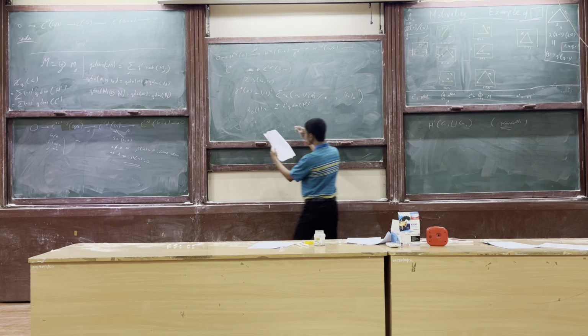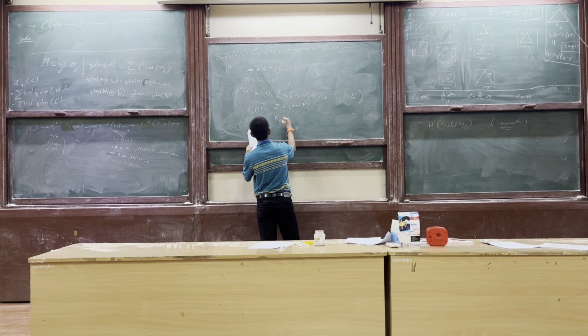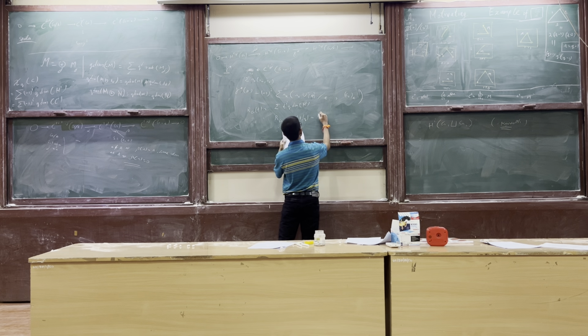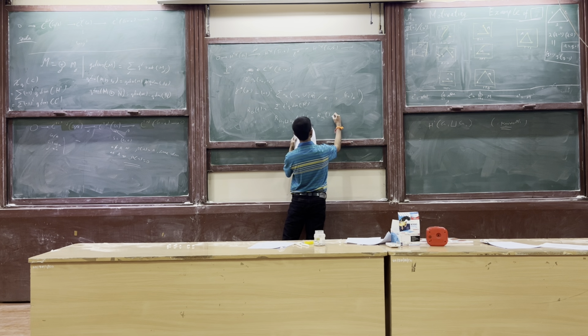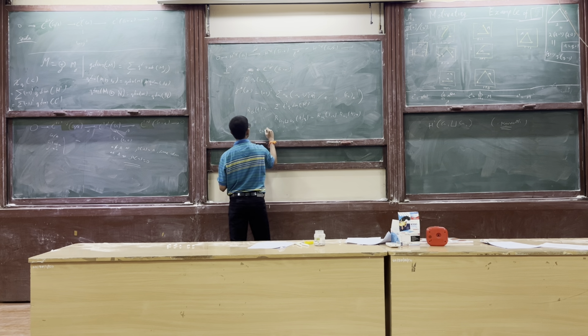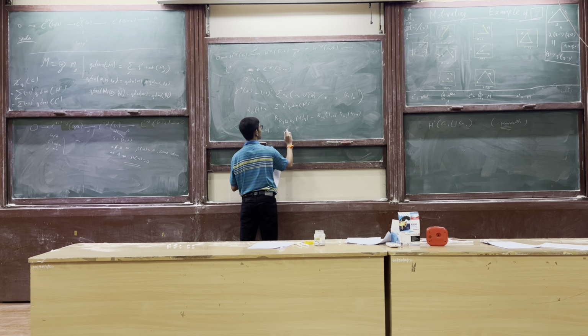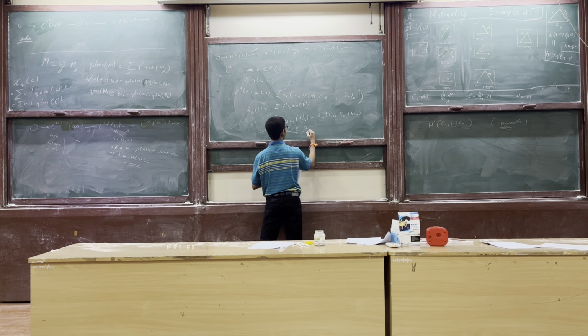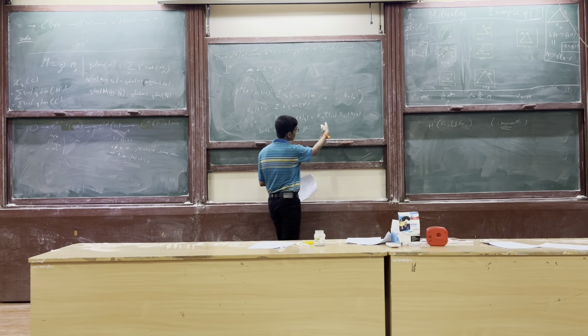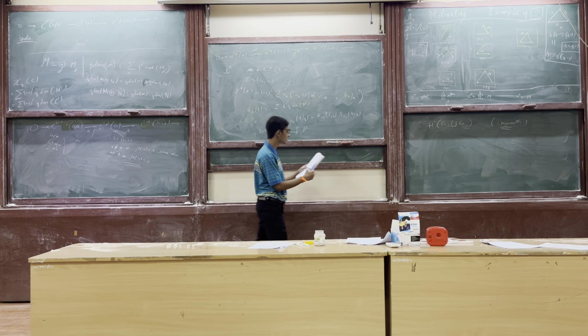So from here you can say that R of G1 disjoint union G2 at p, q is R of G1 times R of G2, and at p equal to -1 you get the chromatic polynomial. So the chromatic polynomial satisfies the multiplicative property as it should.